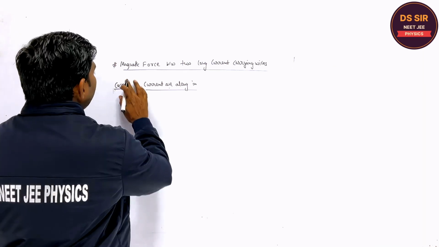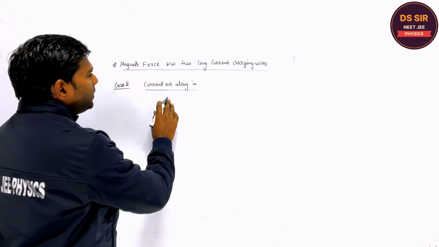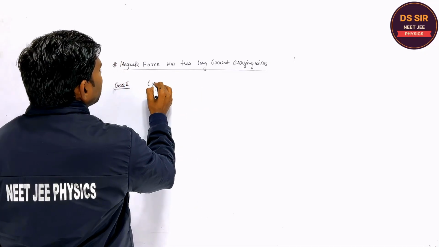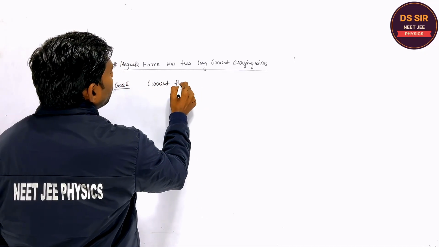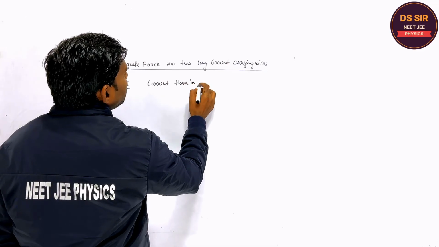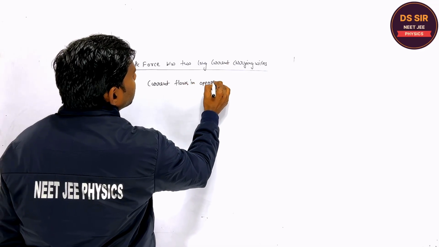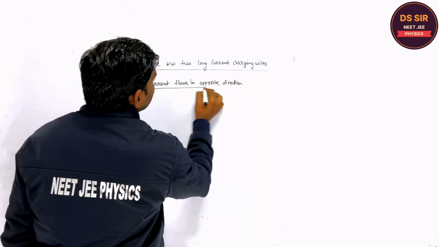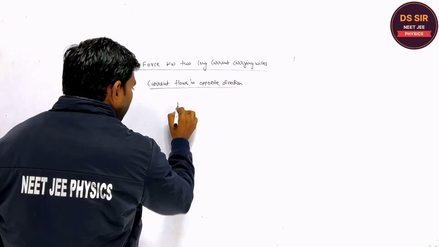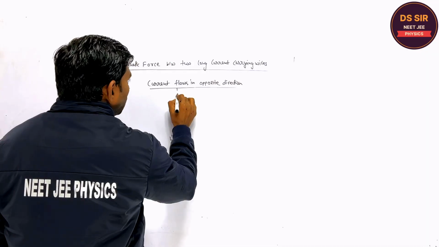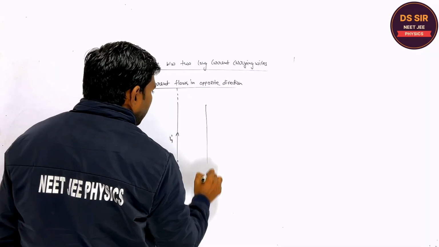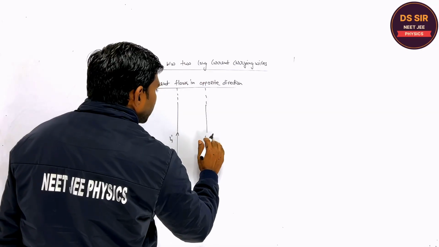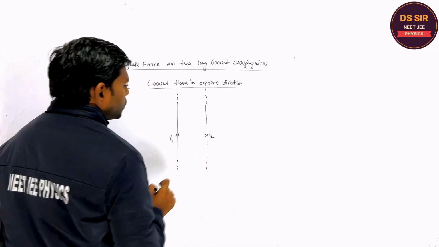Now we will discuss case 2, in which current flows in opposite direction. So current flows in opposite direction means, if this is one long infinite wire, and this is another long infinite wire, but the direction of current is opposite.